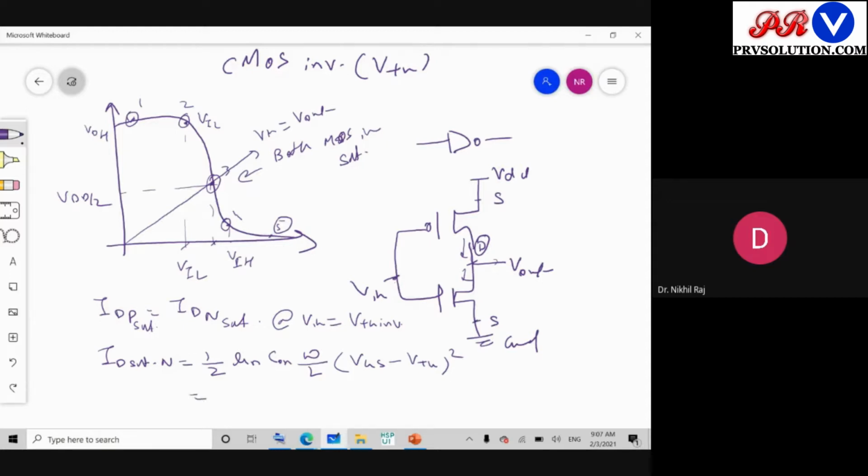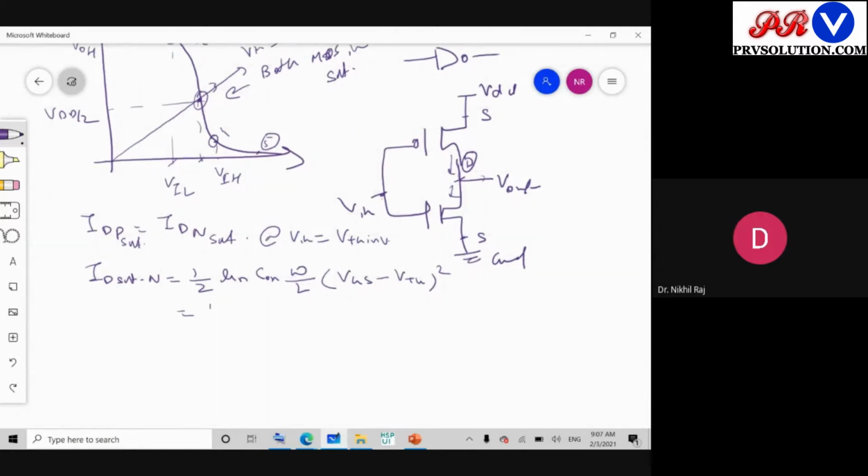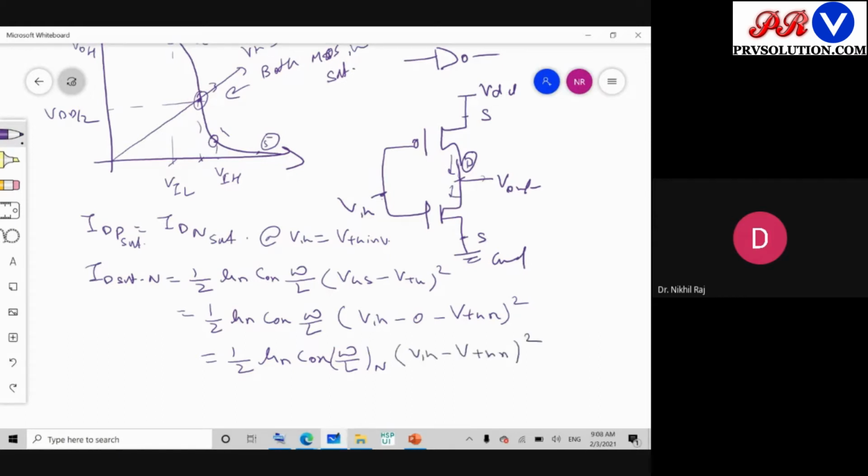So I can rewrite this equation as half mu n Cox W by L, and this VG means Vin, VS is 0, so 0 minus VTH of n. Now you write the suffix n square. So we got the equation half mu n Cox W by L of n, times (Vin minus VTH of n) whole square.